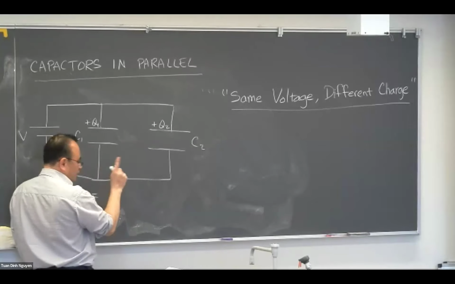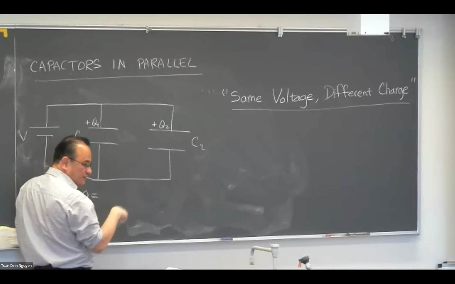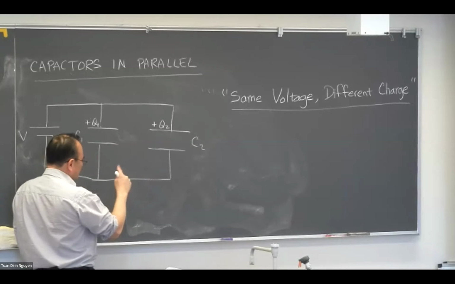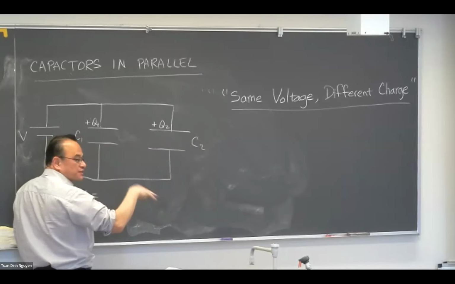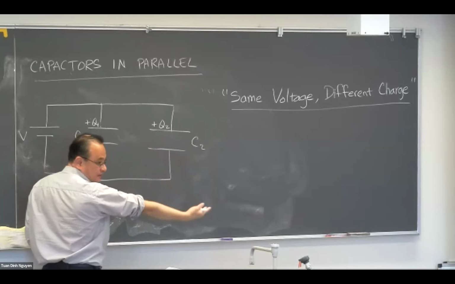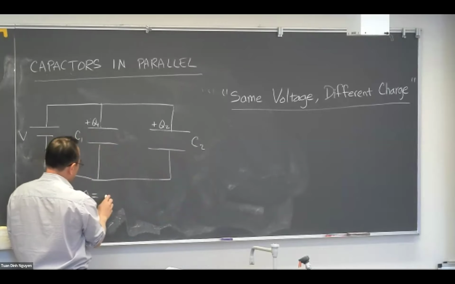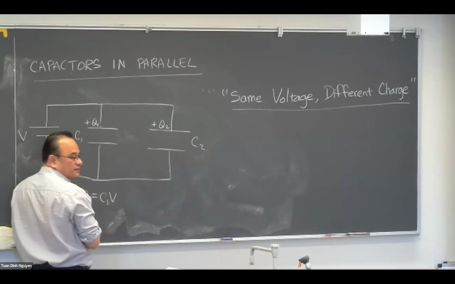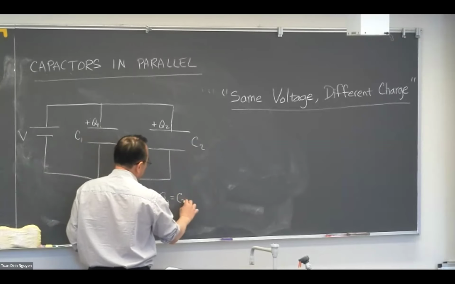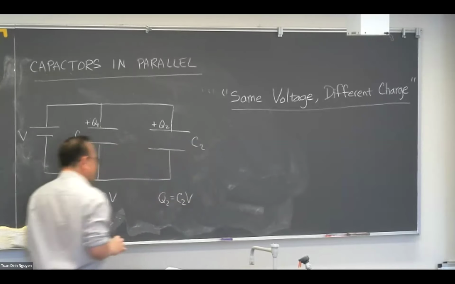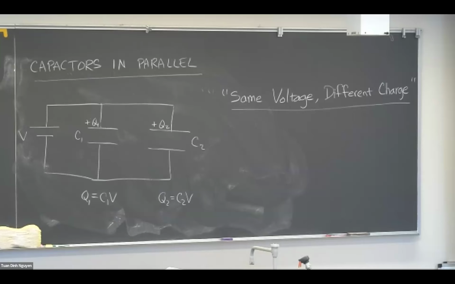It's only one formula: C equals Q over V. Rearrange it so Q equals C times V. So this charge, Q1, would be C1 times V. And then Q2 is C2 times V. So that's what we know.